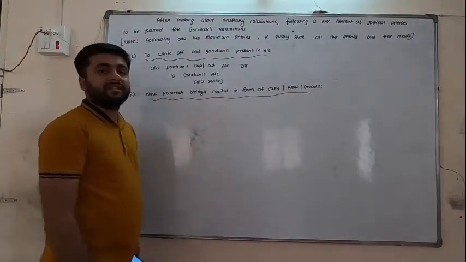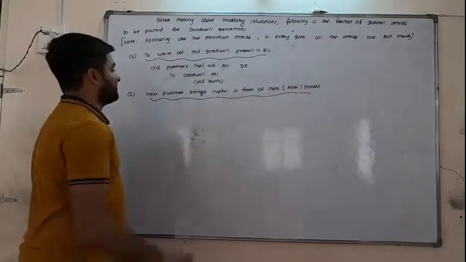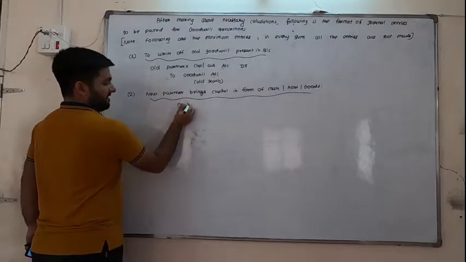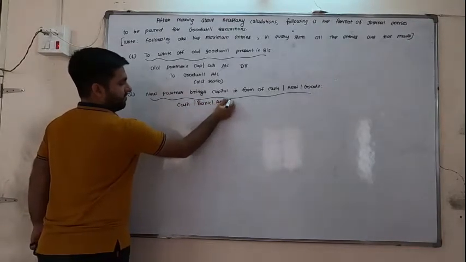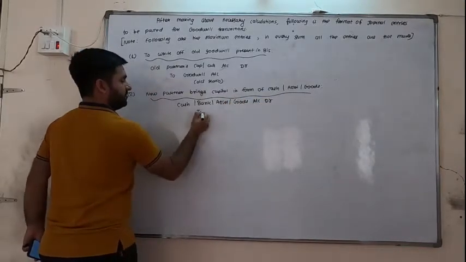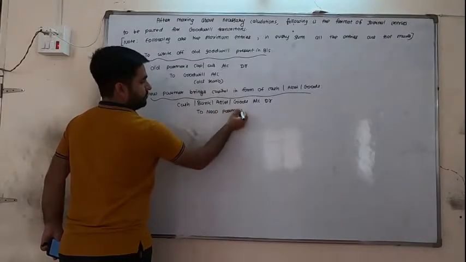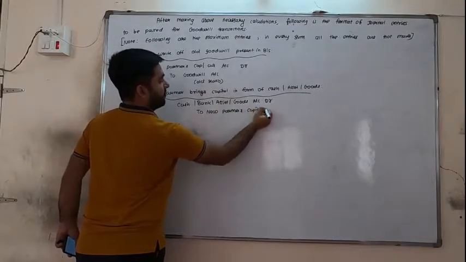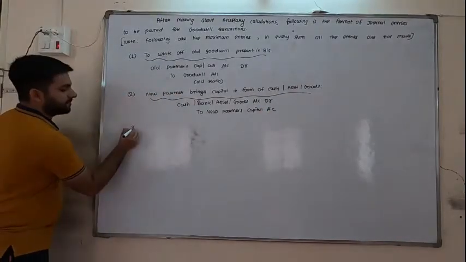As the new partner is bringing that asset, the asset is coming in, so that asset will be debited, and the partner is the giver, so the partner is credited. So cash or bank or asset or goods account debit to new partner's capital account, not capital or current, because capital is recorded in the capital account only.